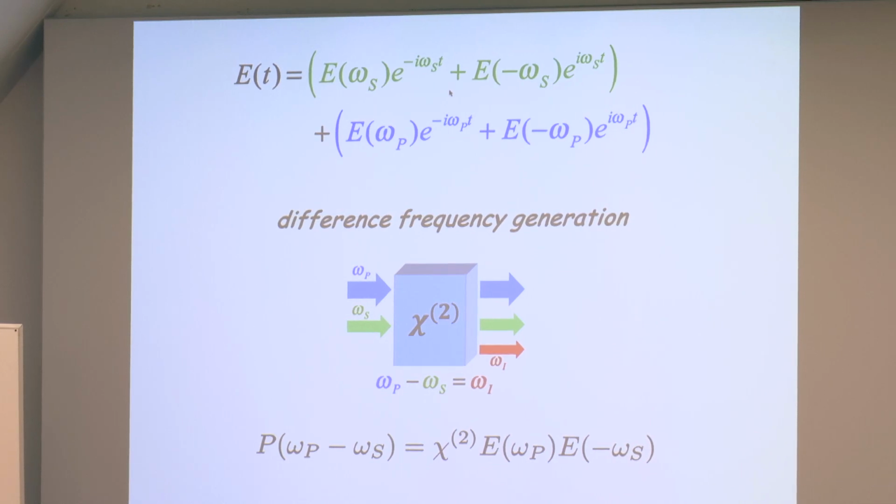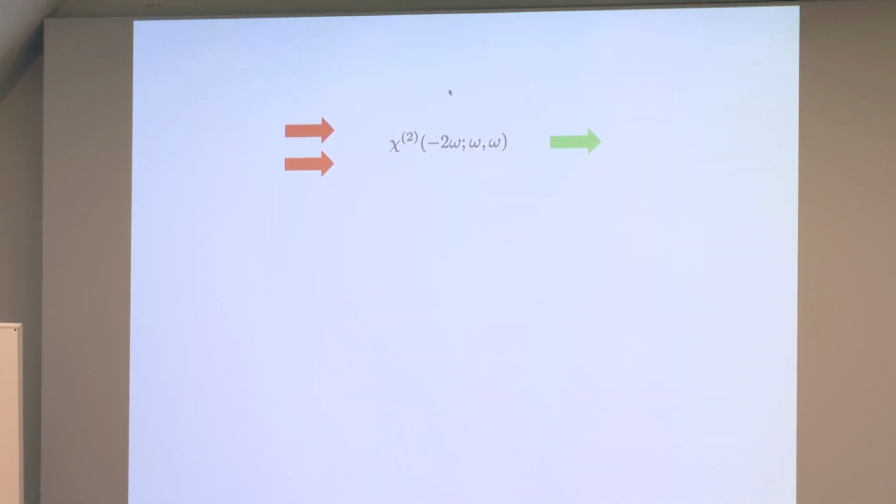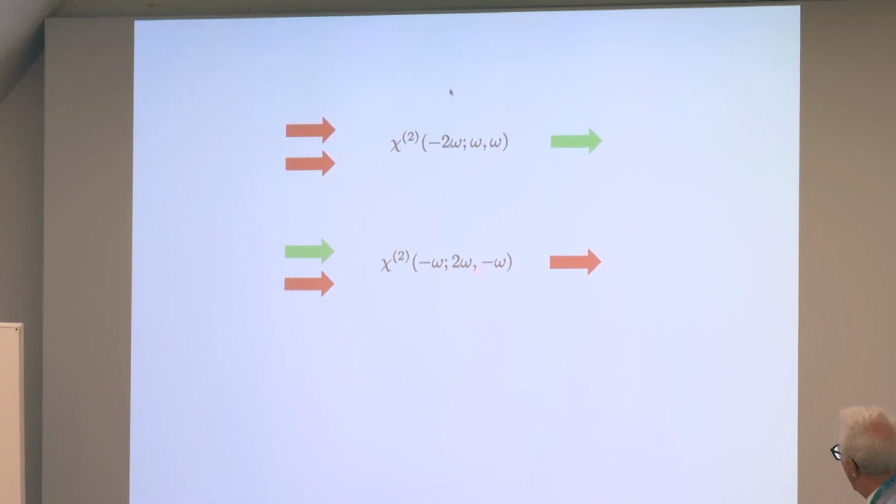But in general, they're not all going on independently. For example, if I have some light coming in at omega, I can generate some light at 2 omega. But then I can combine the light at 2 omega with a minus omega component, and that's going to give me light at omega.